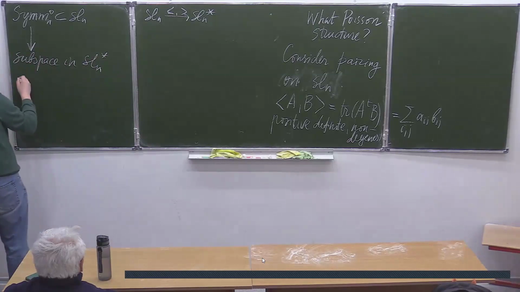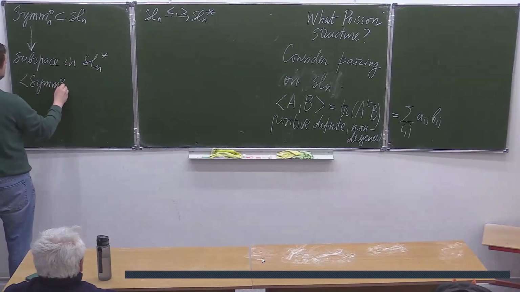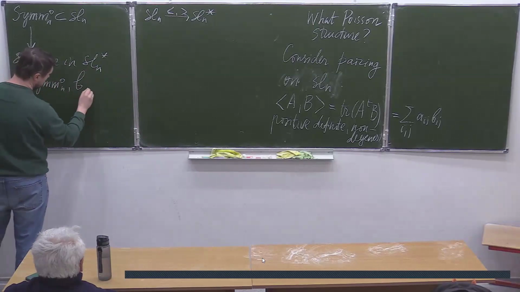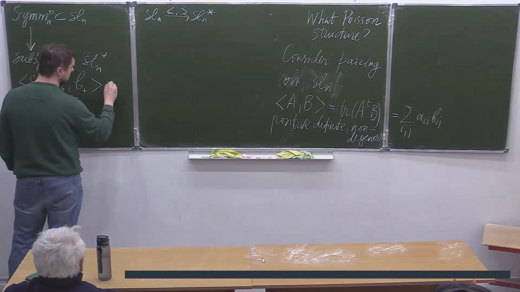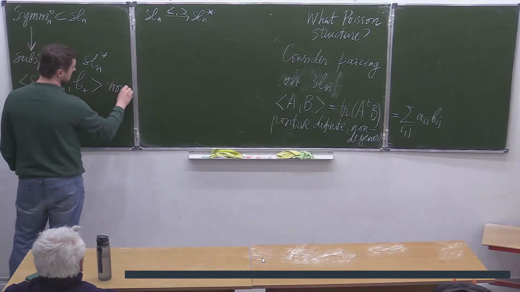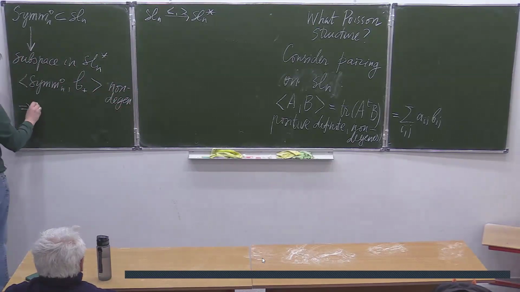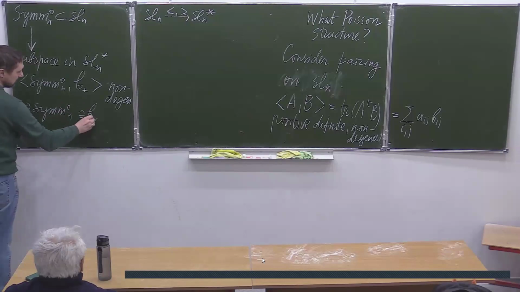It is easy to see that this pairing between symmetric matrices and, say, the space of upper triangular matrices is non-degenerate. Hence, we can identify, using this map, symmetric matrices with zero trace with b and b plus upper star.